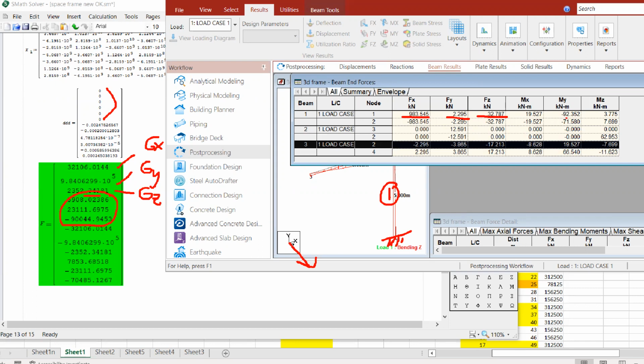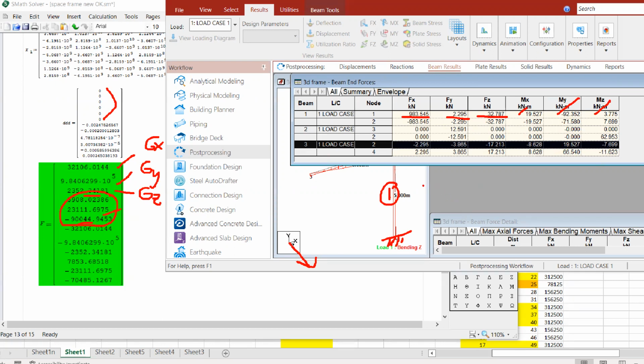So 3.9, 3.7, 23.11, and sorry, not 23. This is 90. So this is the 90, 92. 23.11 is 19 only in STAAD.